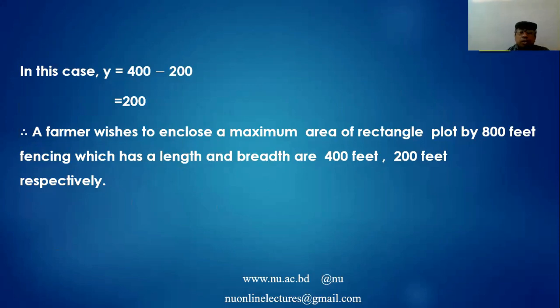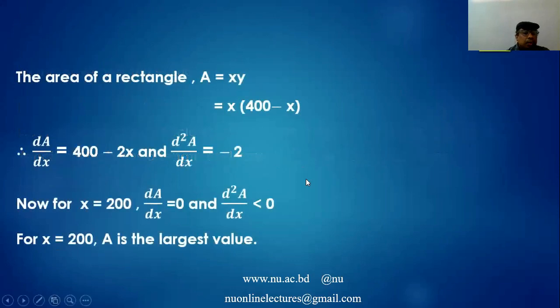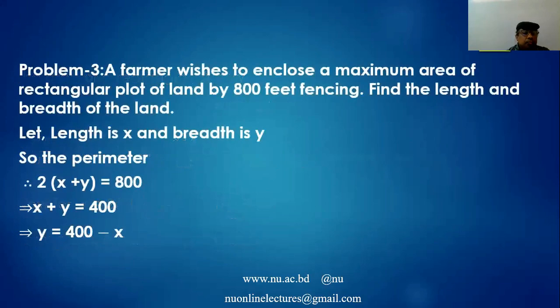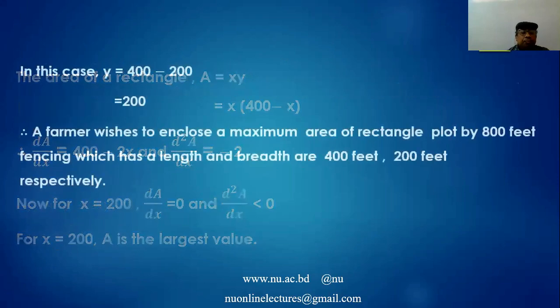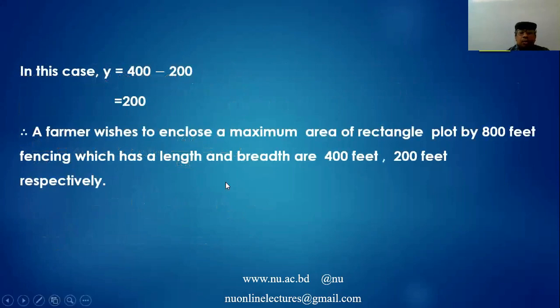It should be 200 because x is 200. X is what? The length. Y is breadth. So here y is 200, and here also 200. So length and breadth are 200 and 200 respectively.